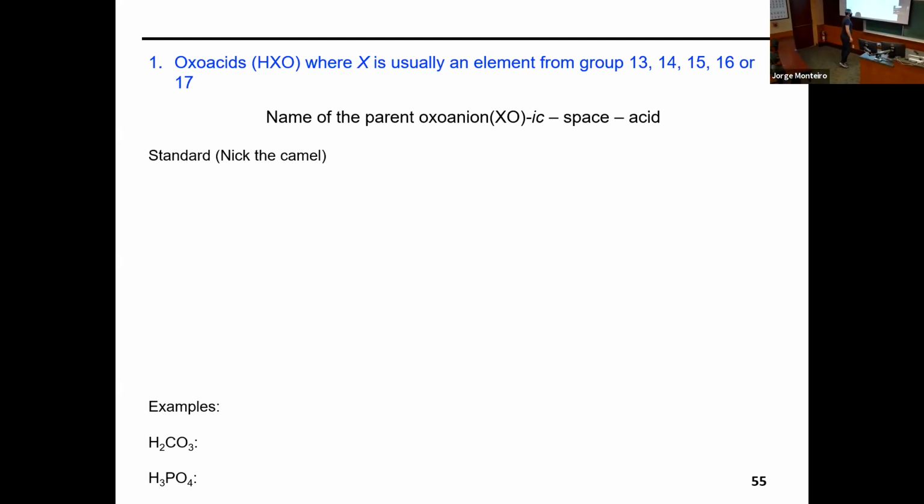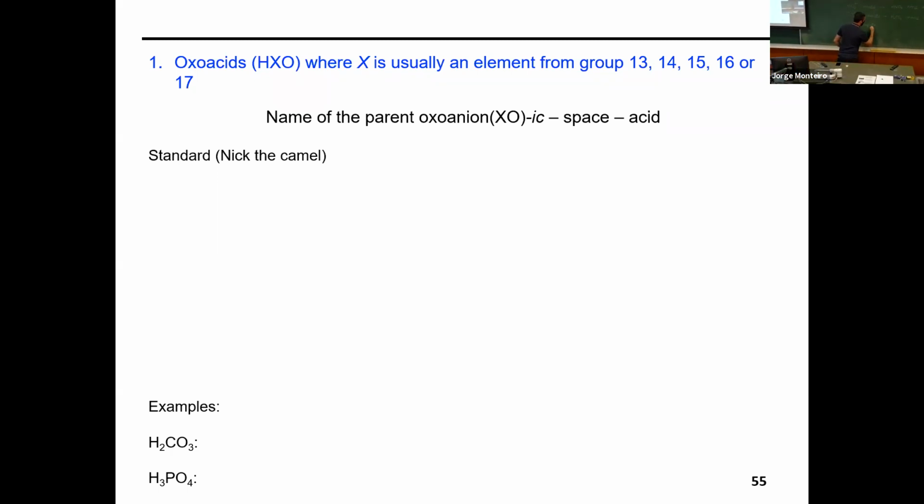Okay, so H3PO4. PO4 comes from phosphorus, 4 oxygens, 3 minus charge. And this oxoanion is phosphate.